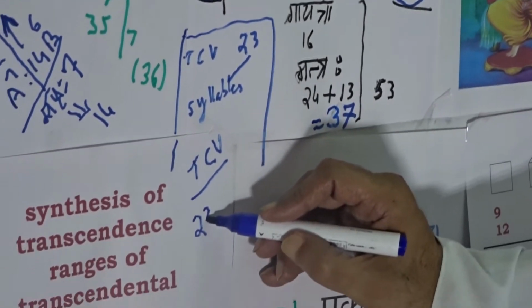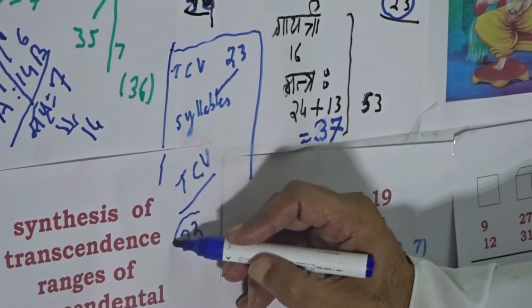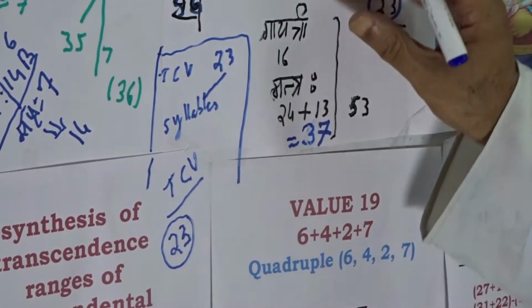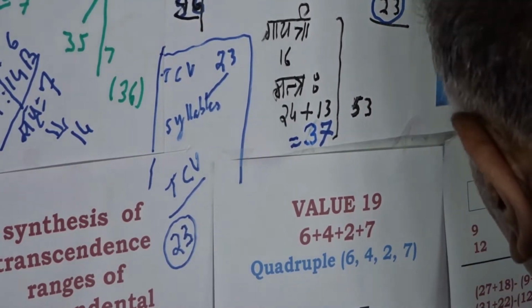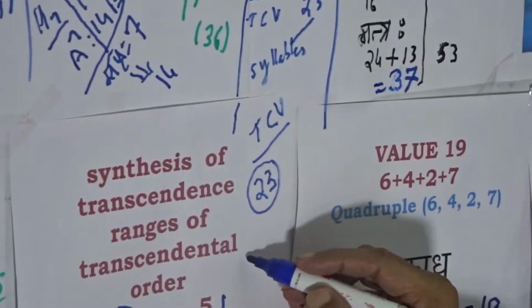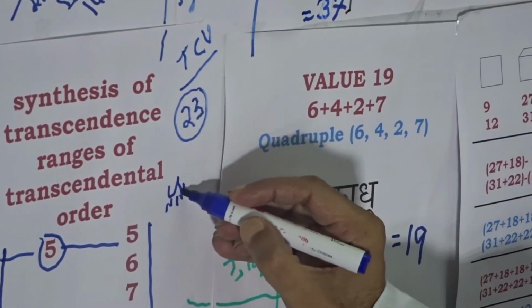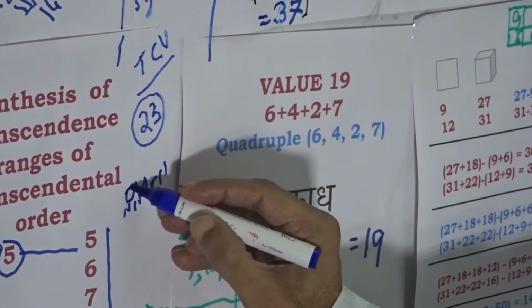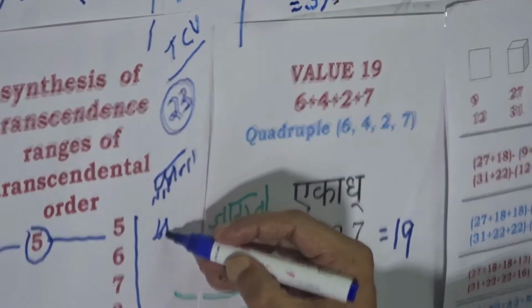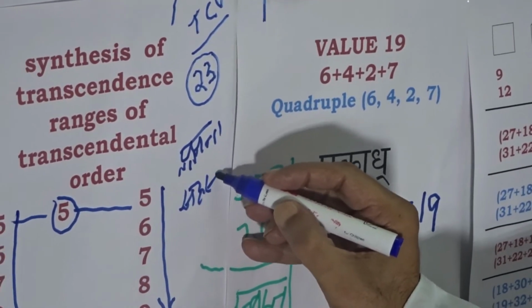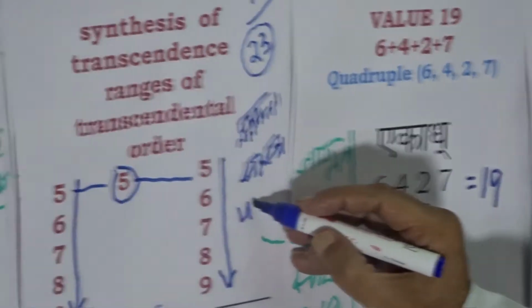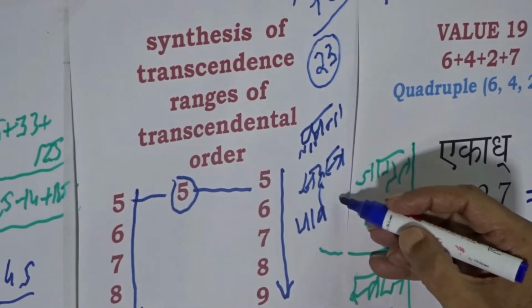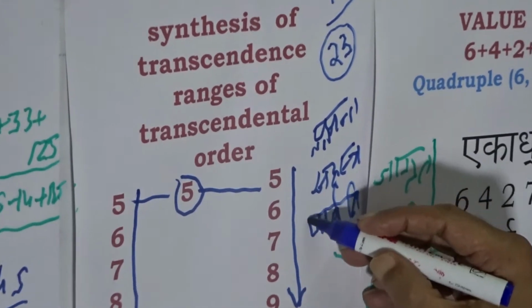So 23 syllables setup is a Gayatri Mantra. And we know that value 23 is the value of a formulation Anant, which means infinitely many. This is also equal to Sahastra, which would mean 1000. And this is also equal to the TCV value of Parvati, the goddess.